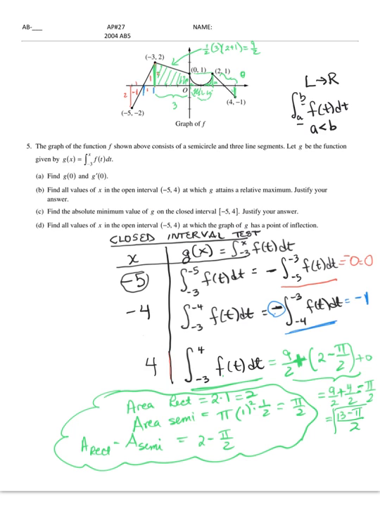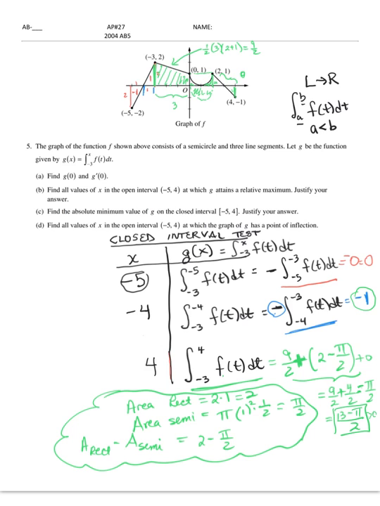We need to compare to tell where our absolute minimum is. So let's look at it. Pi is about 3 point something, so this is certainly positive. 0, well, that's neither positive or negative, but -1 is the smallest value we have here.